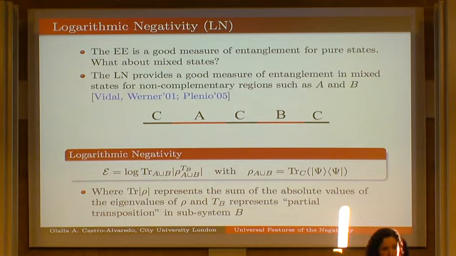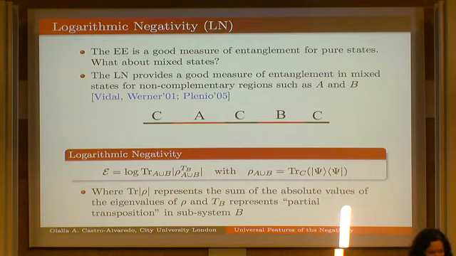So it can have negative eigenvalues, which is not the case with the original one. Because it can have negative eigenvalues and you want to take a log, that's a bit of a problem. So you can solve that by putting an absolute value in there. Essentially, what we mean by this trace here is that we are summing the absolute values of the eigenvalues of this transposed reduced density matrix. Okay? So this is what we are doing.